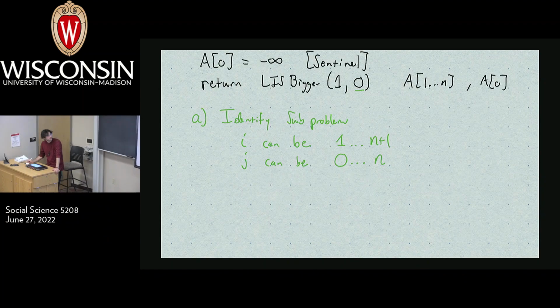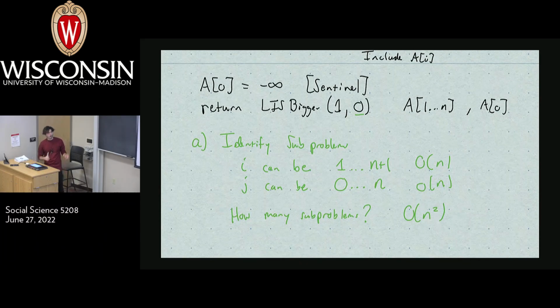Okay. So immediately I can tell you what the running time is going to be. So how many total subproblems are there? So if we have 2 numbers, each one is O of n, what's the total going to be? It's O of n squared.